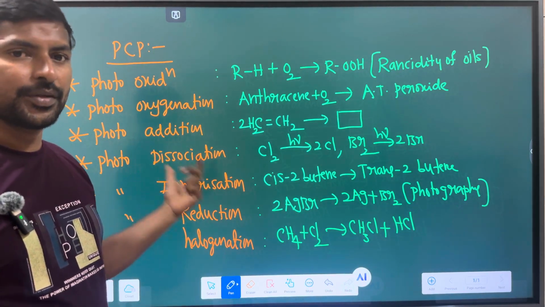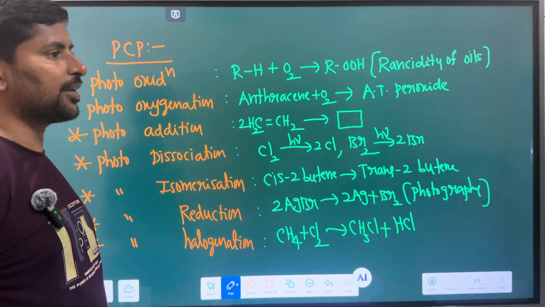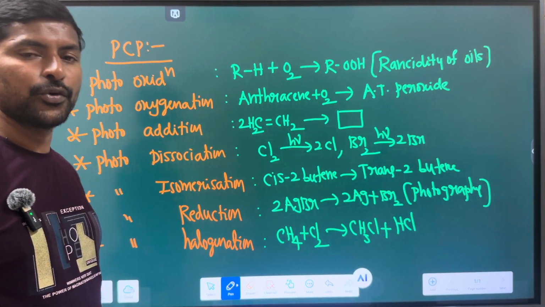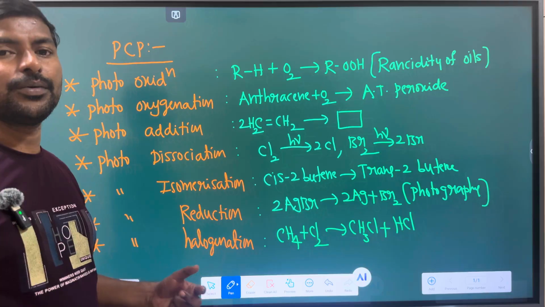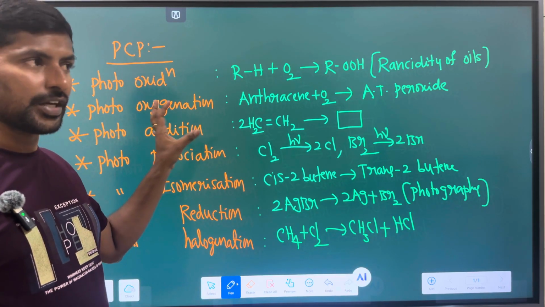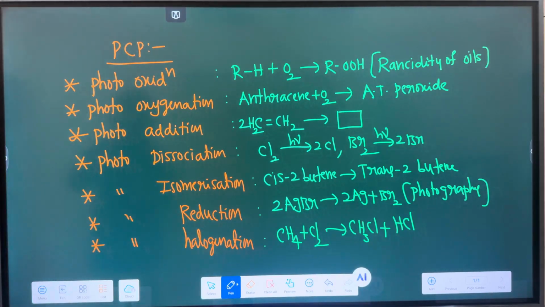Mostly this type of question you may expect from organic photochemistry only. From physical chemistry, you may expect questions based on the laws of photochemistry, quantum yield, singlet and triplet states, photophysical processes, internal conversion, and intersystem crossing.